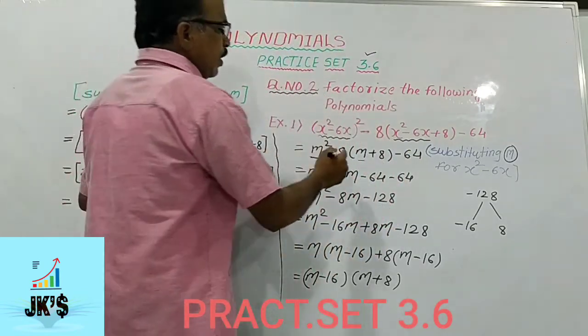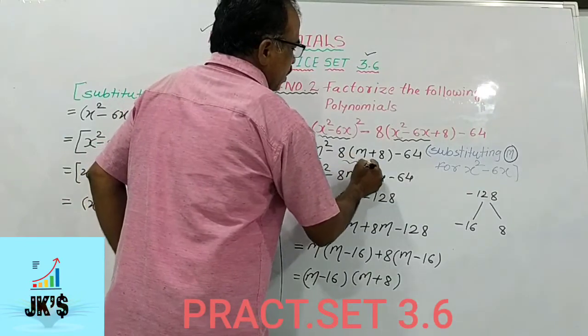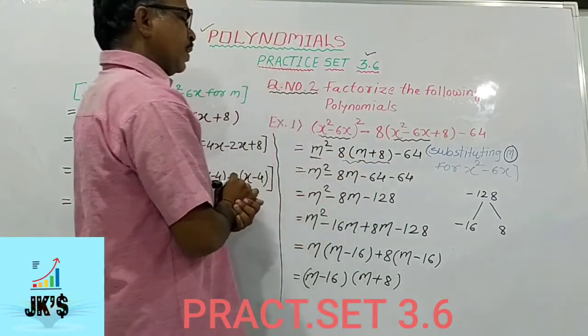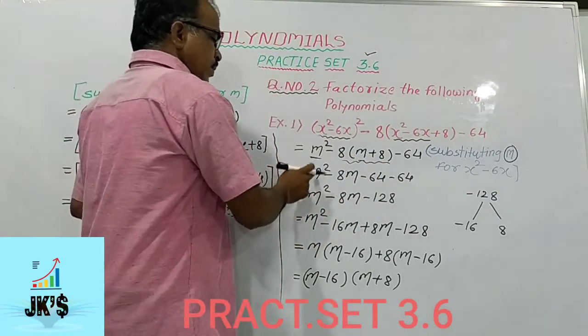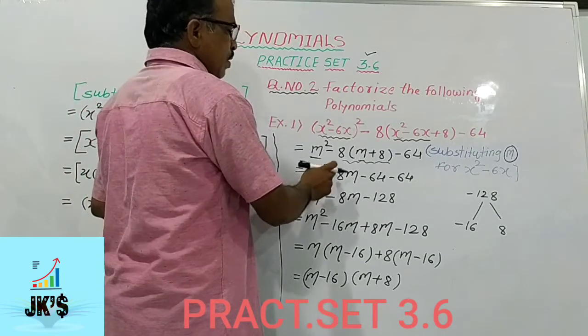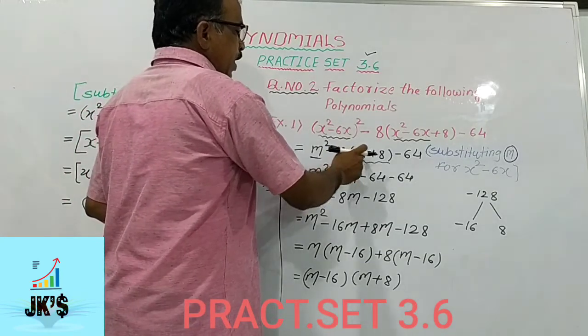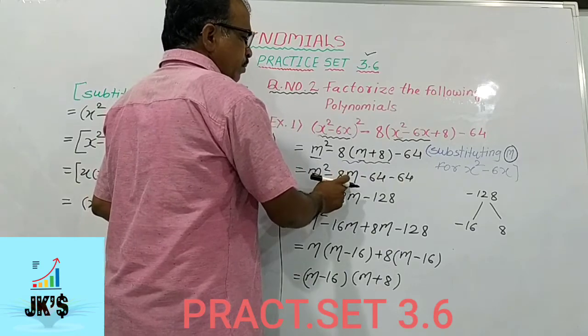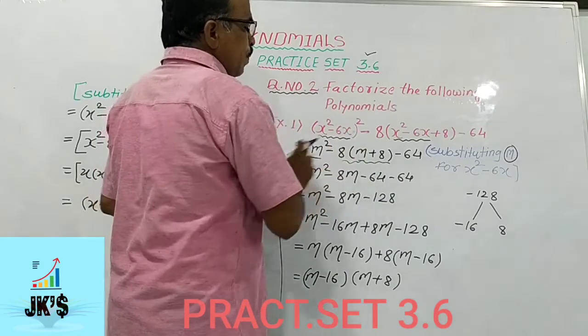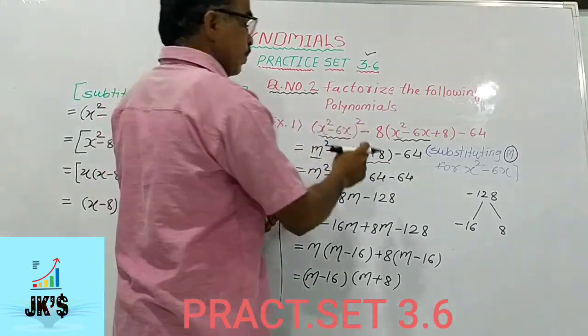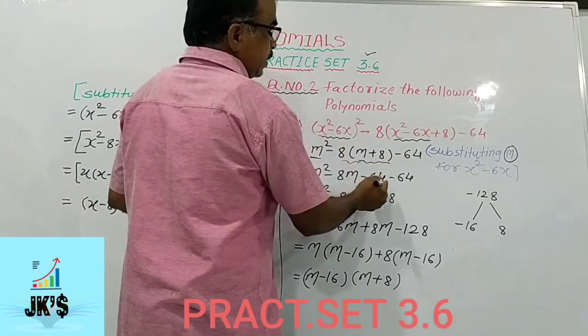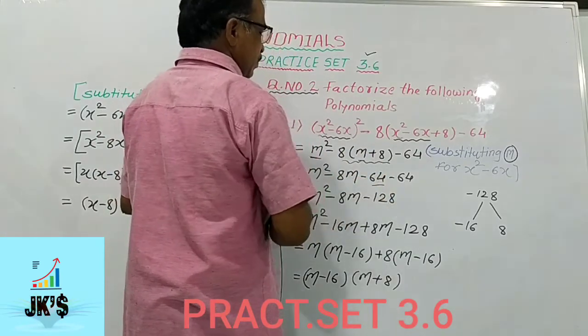We have to solve this bracket. 8 into (m plus 8): m square as it is, minus 8m, minus 8 into plus 8 is minus 64.